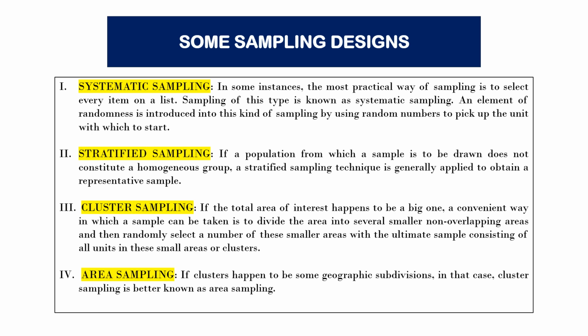It is the most practical way of sampling, in which we select every item present in the universe or population at a fixed interval. It is called systematic sampling because we give all the credit to random selection, and there is very little bias or error in this case.